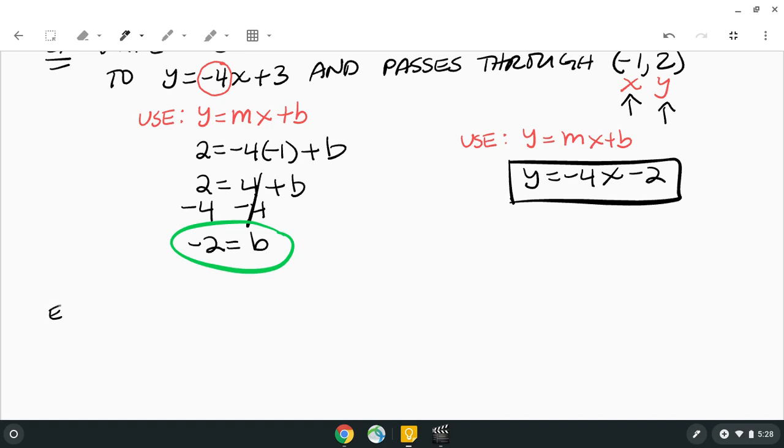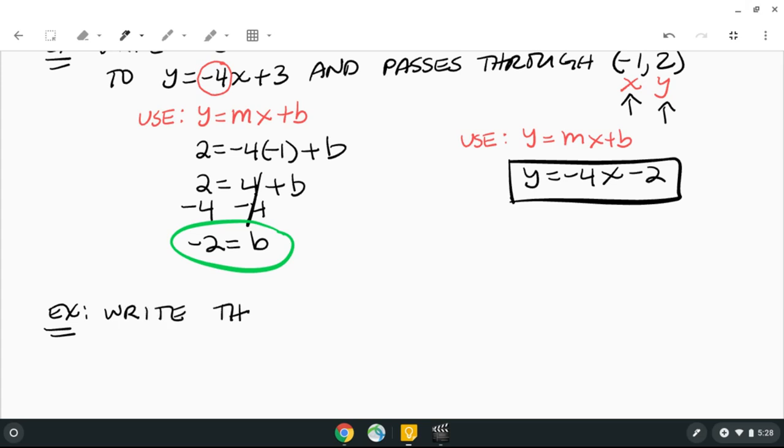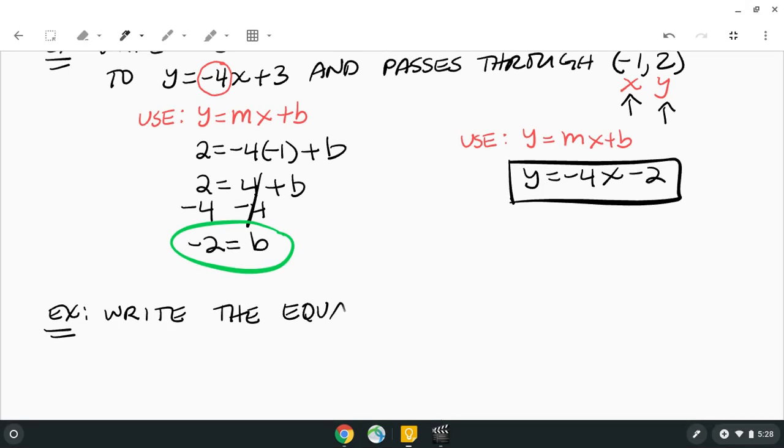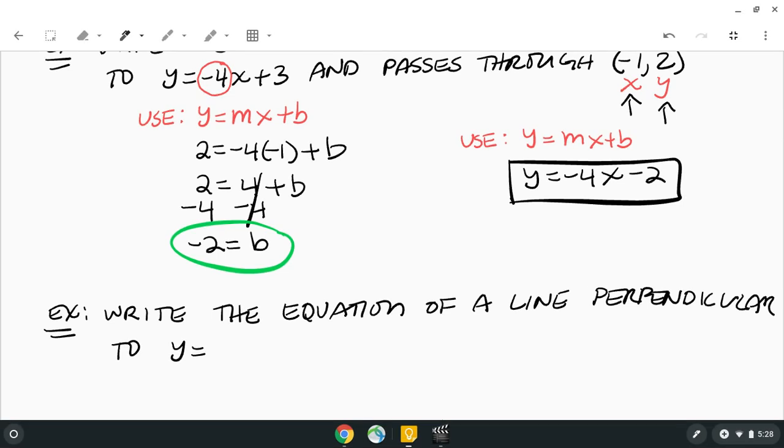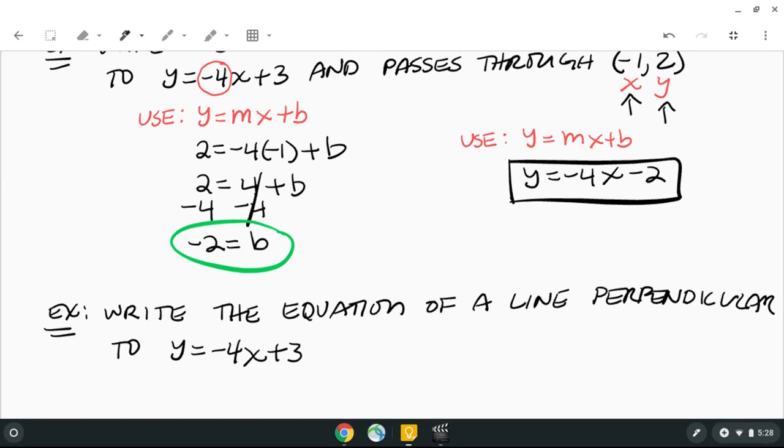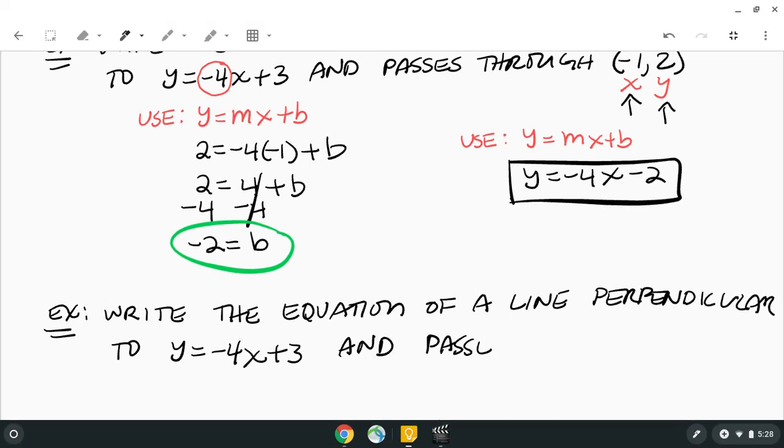Okay, so write the equation of a line perpendicular to y equals, we'll use the same equation as above, y equals -4x plus 3 and passes through, we'll use the same point, -1, 2.